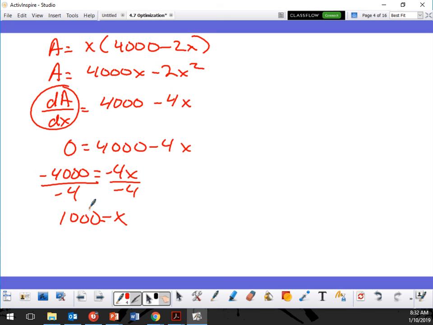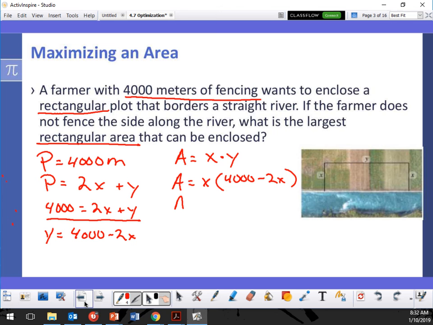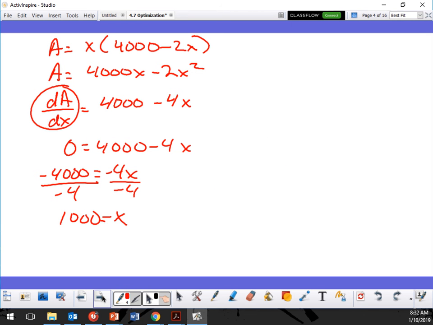My units are meters, right? So I got x is 1,000. And then I'm going to go to this spot right here. For P, 2x plus y, we have that y equals 4,000 minus 2x.